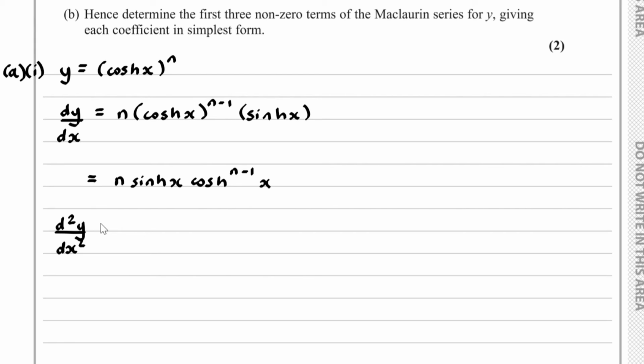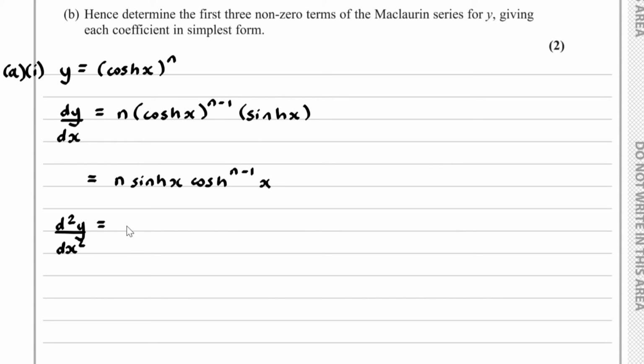And if we were to use the product rule, well, what we can do is let v equal sinh x and u equal n times cosh x to the n minus 1.